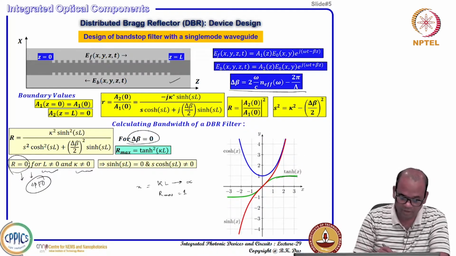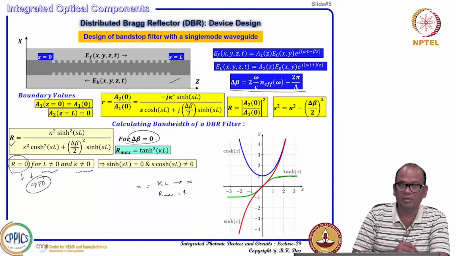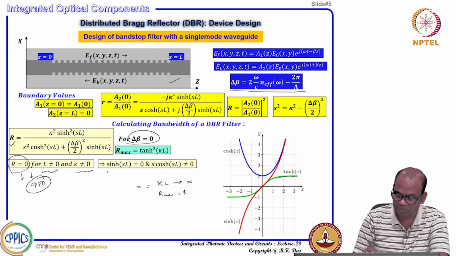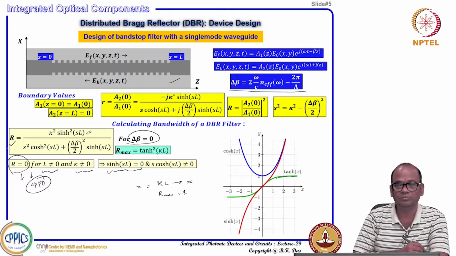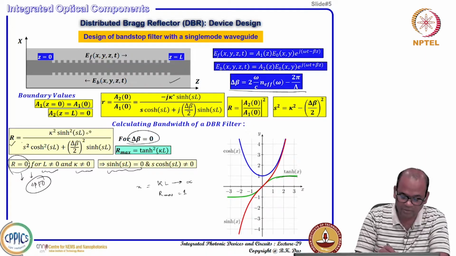For R equal to 0, looking at the expression, it is easy to say that if sine hyperbolic SL equals 0, then R will become 0. But not always. If the numerator is 0, the denominator should have some finite value.